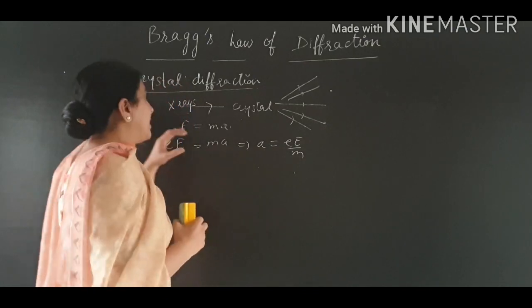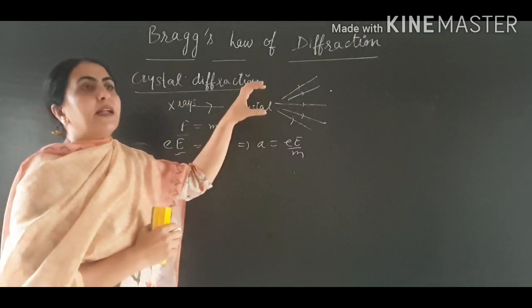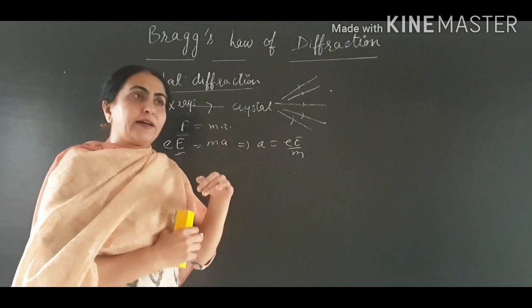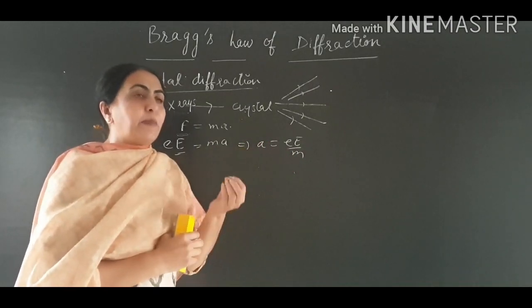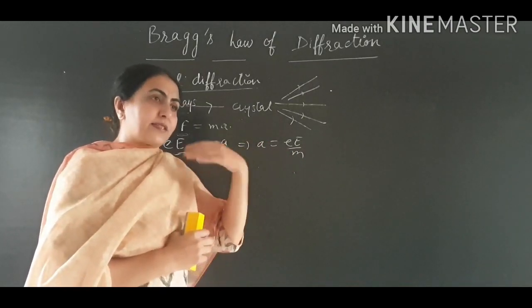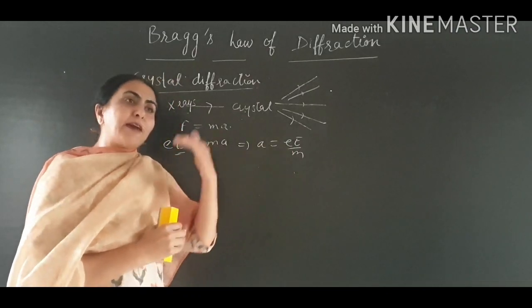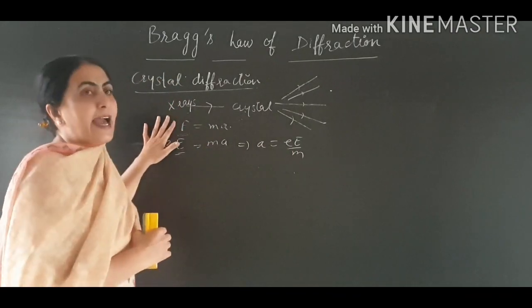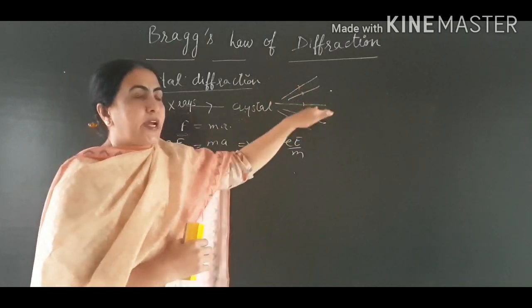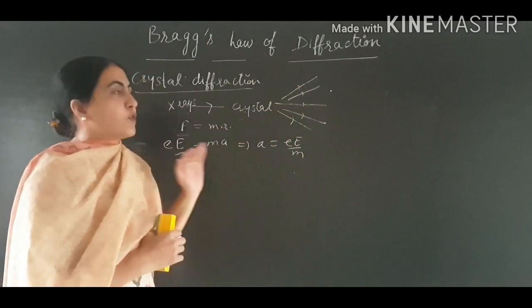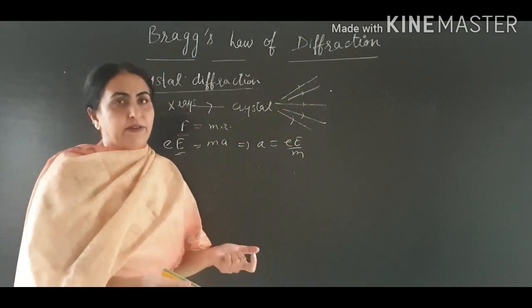So when an X-ray strikes a crystal, the electrons in an atom accelerate and produce a scattered wave having the same frequency as the X-rays, in all directions, straight, upwards, downwards. In this way we have a diffraction pattern.